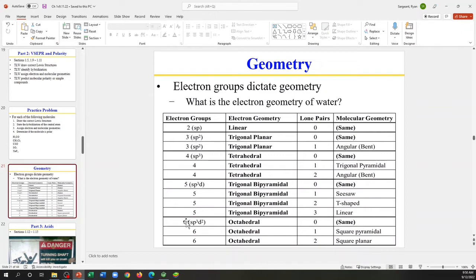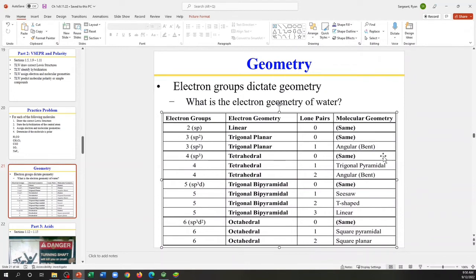If you have 5 or 6 electron groups, those are hybridizations that we simply don't encounter in organic chemistry. And so this diagram right here, it's a picture, it's not an Excel file. Only the top half of this is relevant to organic chemistry. The bottom half I pulled from my notes from teaching general chemistry.